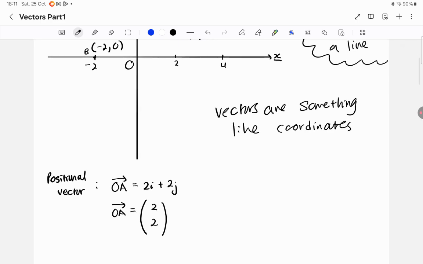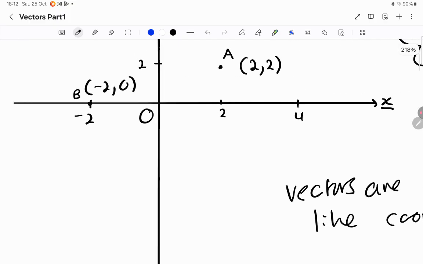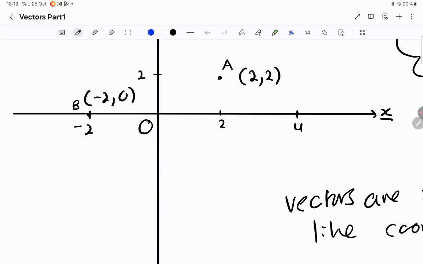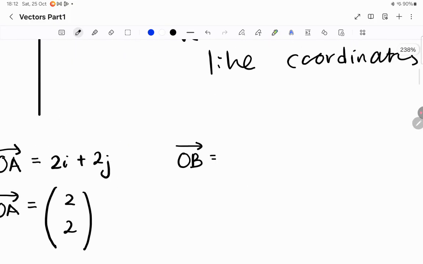To find the position vector for B, as usual, position vectors start from the origin and end at point B. So this is how you write it. As you can see over here, it's -2 units in the x-axis and 0 units in the y-axis. So I could write it as -2i plus 0j.